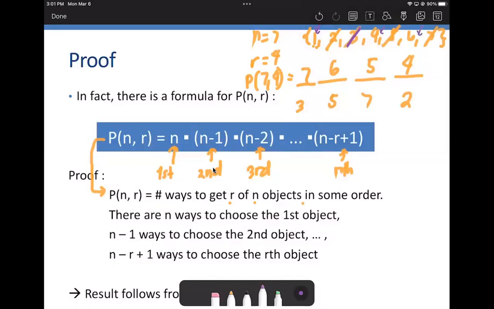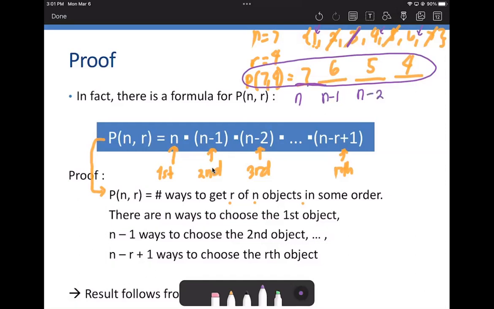Okay? So this is the formula. We have 7 times 6 times 5 times 4, wherein the 7 refers to the N ways, and then 6 refers to the N minus 1 ways to get the second. This one is equivalent to N minus 2, and this is also equal to N minus 3.